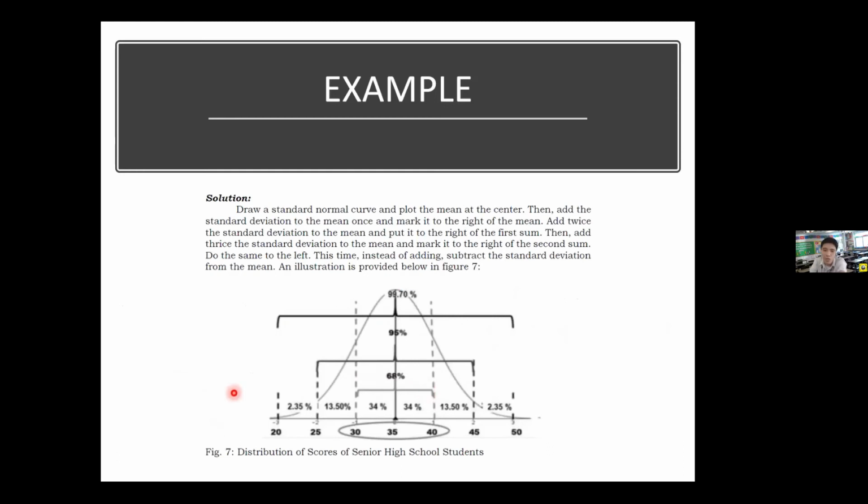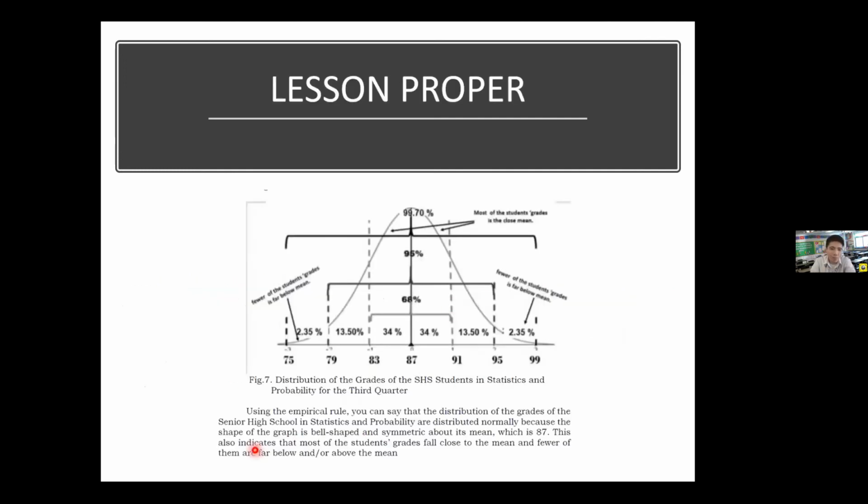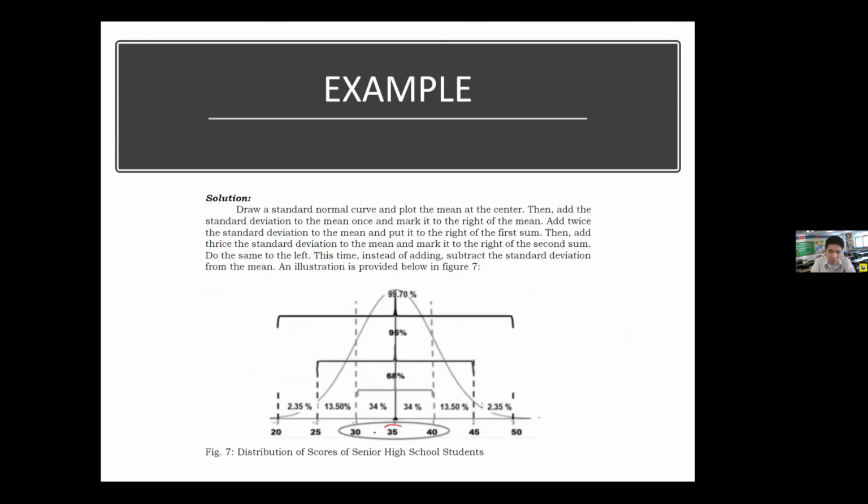So kung giunsa ni, base rata sa given. Ang given na mean nga 35 o standard deviation nga 5. So automatic since mean is 35, kabalo na ka ang center sa imong graph is 35 diri.